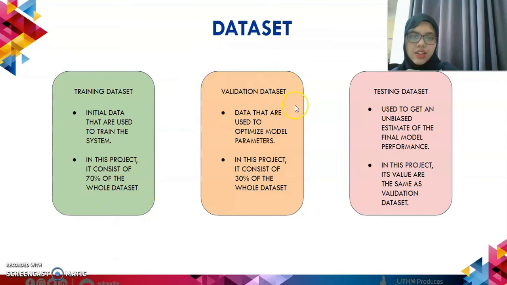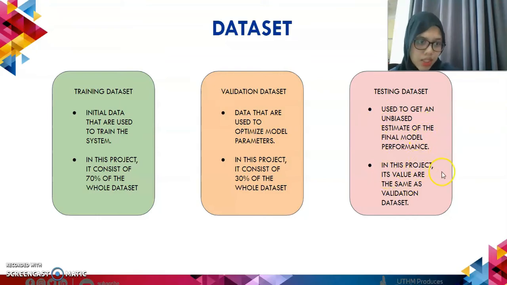Next is the validation dataset, which is data used to optimize model parameters. In this project, it consists of 30% of the whole dataset. So of the whole dataset that we have collected, 70% will go to training and 30% will go to validation. The testing dataset is used to get an unbiased estimate of the final model performance. This will be used at the testing part, after the model has been trained.